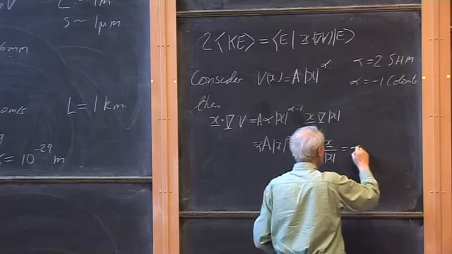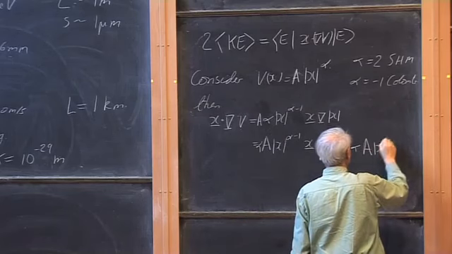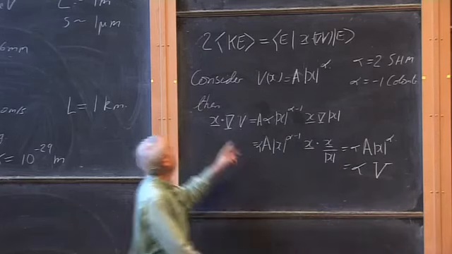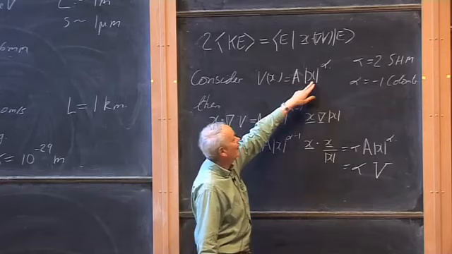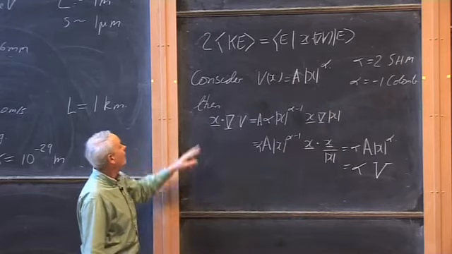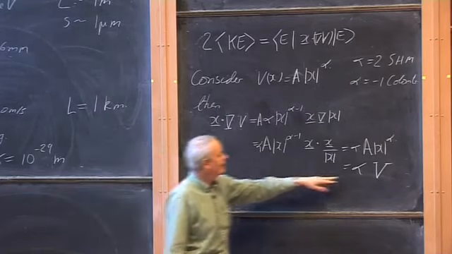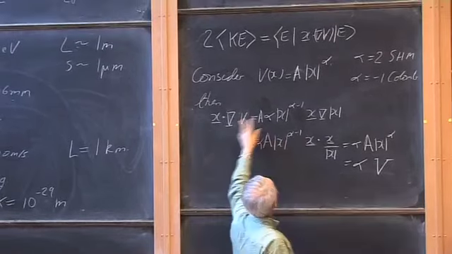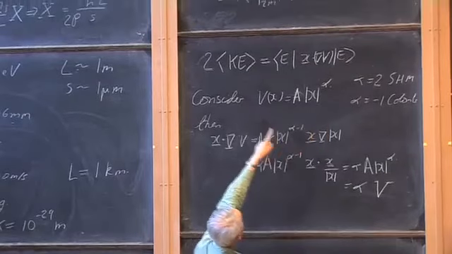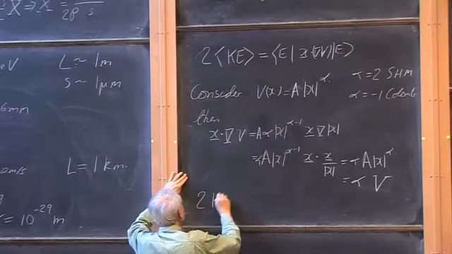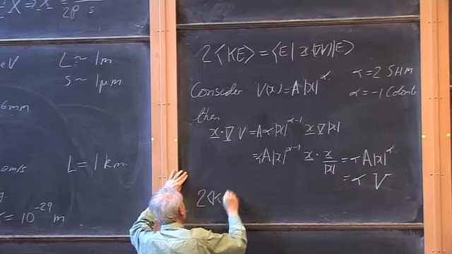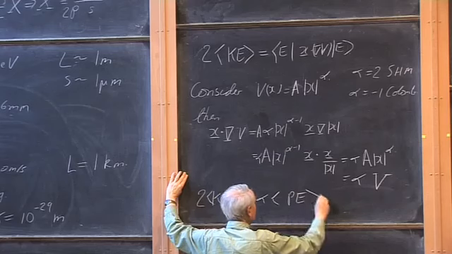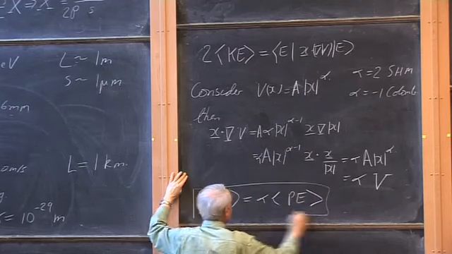This is going to be alpha times a mod x to the alpha, which is alpha times V. So if V has a power law dependence on distance from the origin, then x dot grad V is simply alpha times V. So when we put this result back into that formula, we have that twice the KE expectation value is equal to alpha times the expectation value of the potential energy. So that's our Kepler formula.